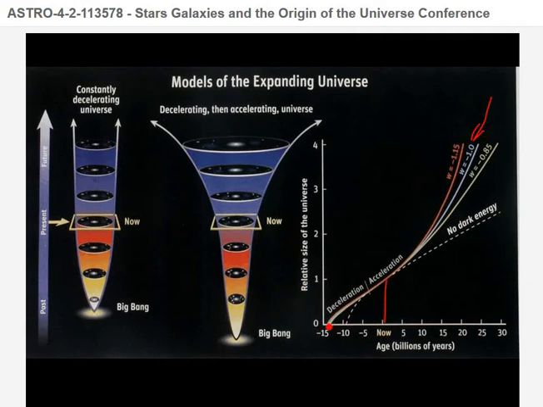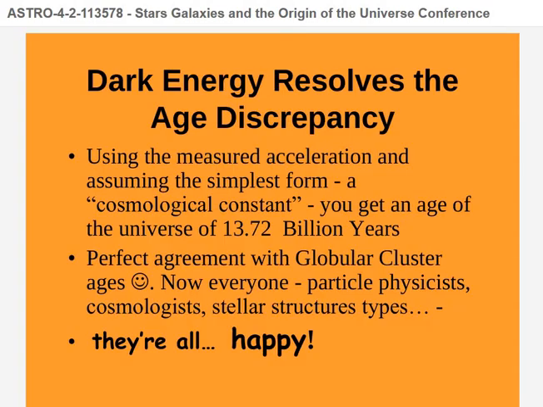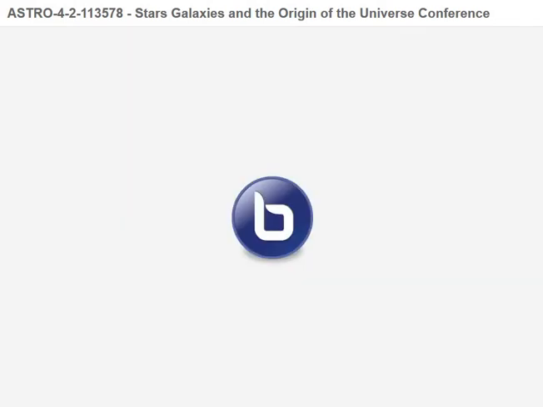It takes us right back perfectly to 13.72 billion years, nicely fitting with the globular cluster ages. So it resolves the age discrepancy, and now everybody's happy. The globular cluster age people are happy, the cosmologists are happy, everybody's happy.